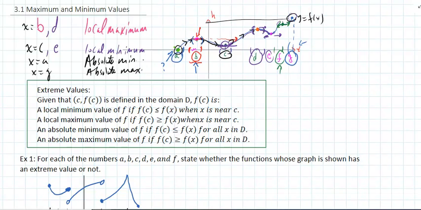Now, I do want to point out how this works. Anytime you're given a graph, you figure out the locals first. Then you look at the endpoints. Now, an absolute maximum could be a local maximum. That could be. You could have the highest y value. Here's a graph.